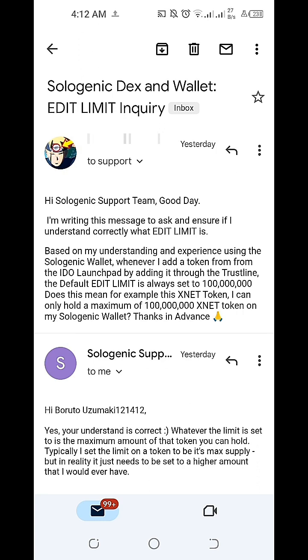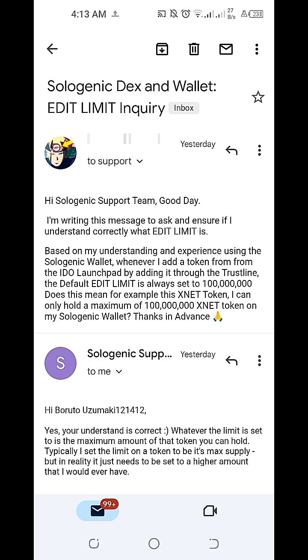Same rule will apply with the other cryptocurrencies I added, like Ganja Laboratory token and the FRL or Farming Labs cryptocurrency token, okay? So for additional information, typically, I set the limit on a token to be its max supply, but in reality, it just needs to be set to a higher amount that I would ever have.